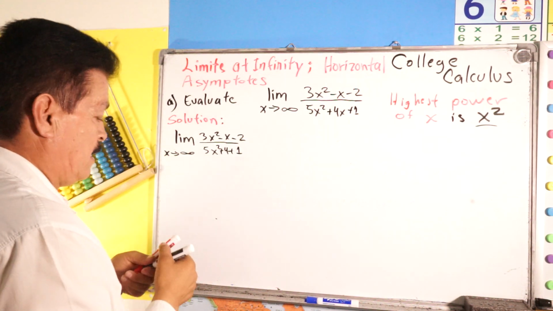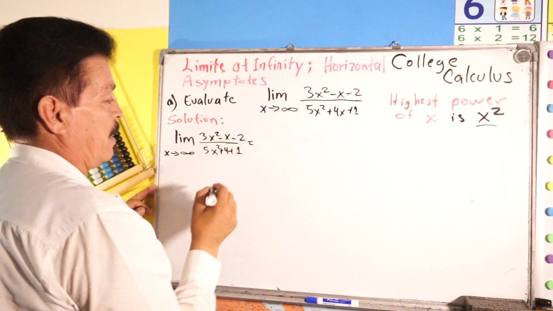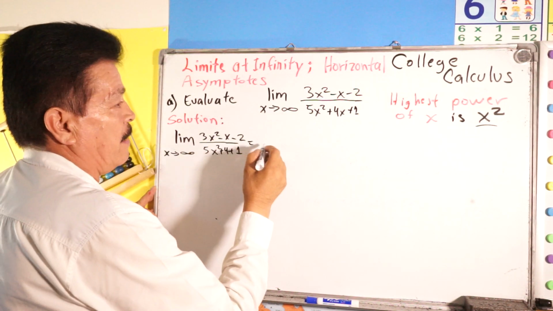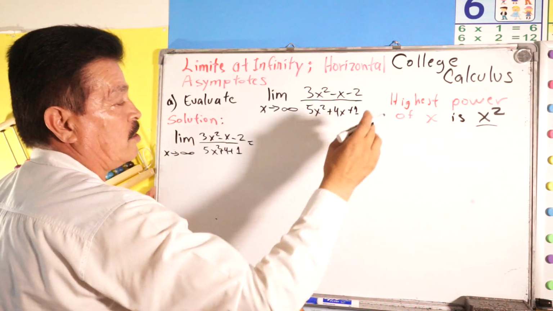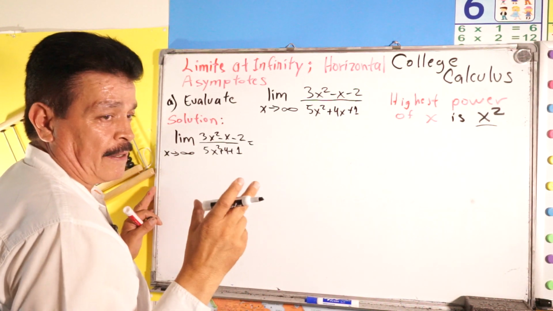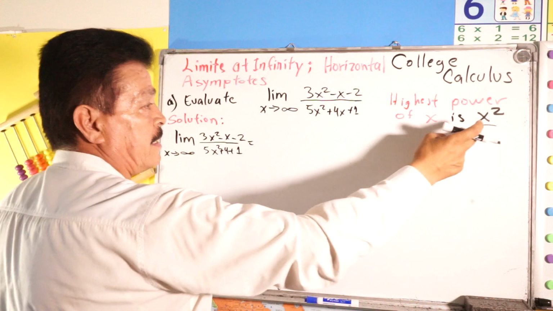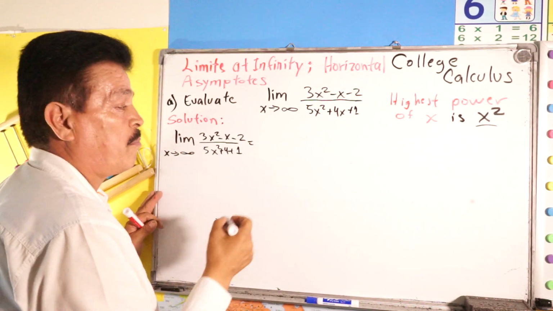This will be equal to, as I told you, we have to divide by the highest power of x, in this case x to the second power.